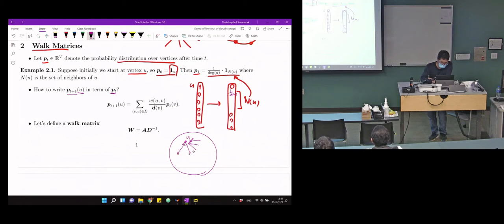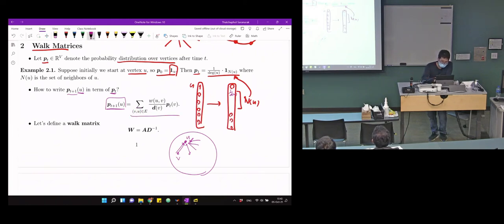The probability that you will be at u is the sum over all neighbors v of u, and from v you will go to u with this probability. Then you condition on the total mass at v at time t.